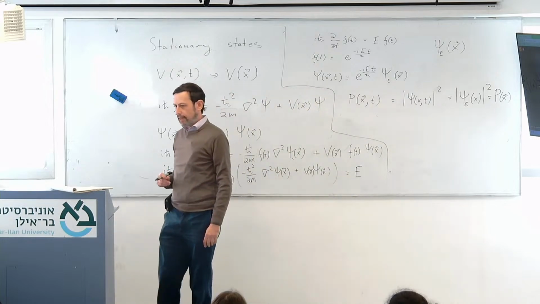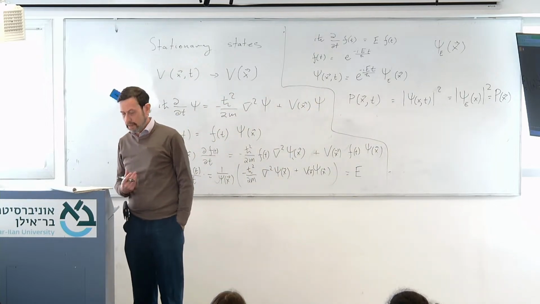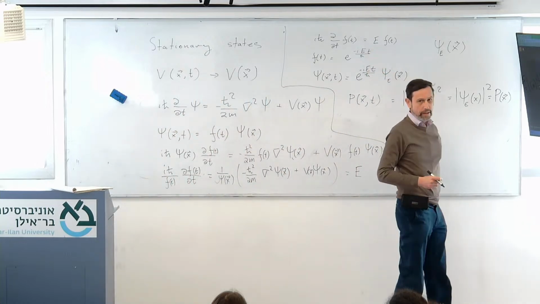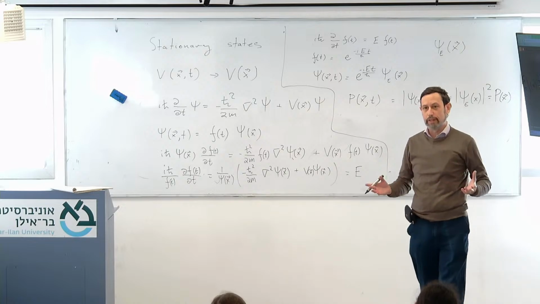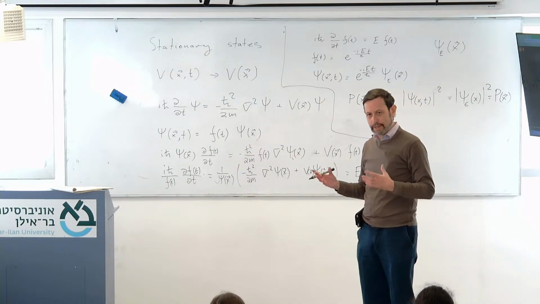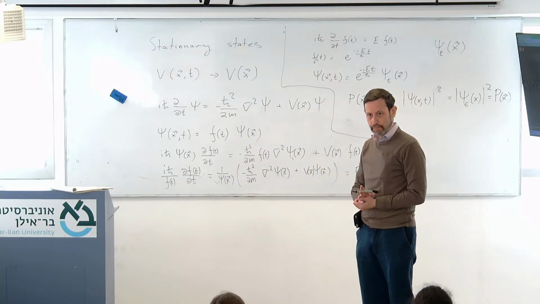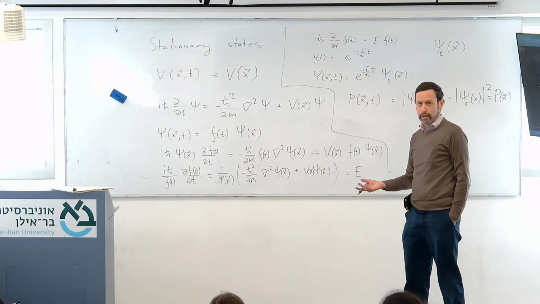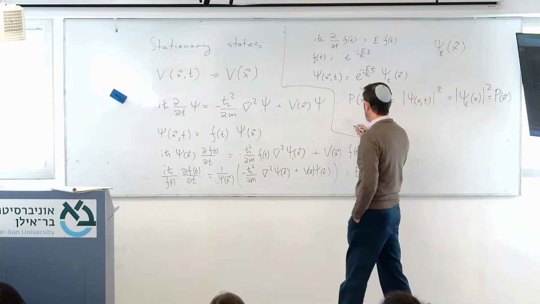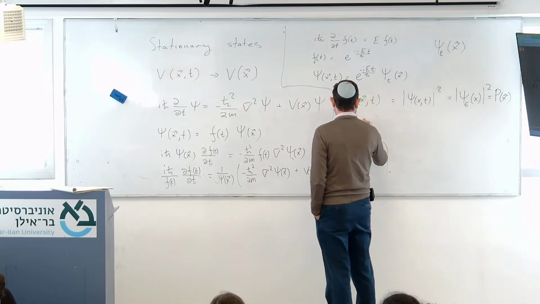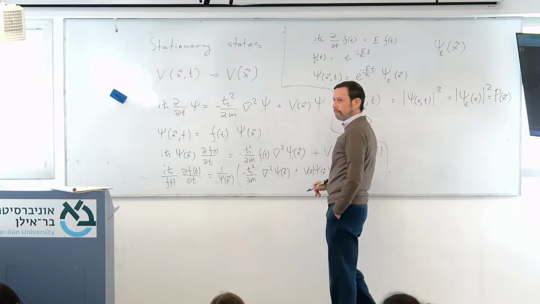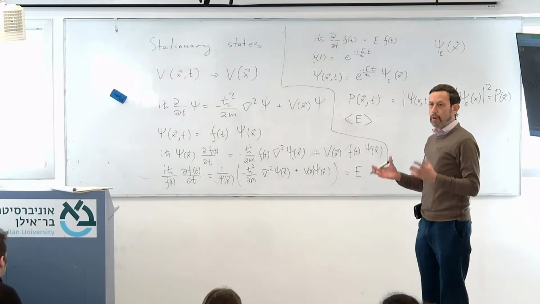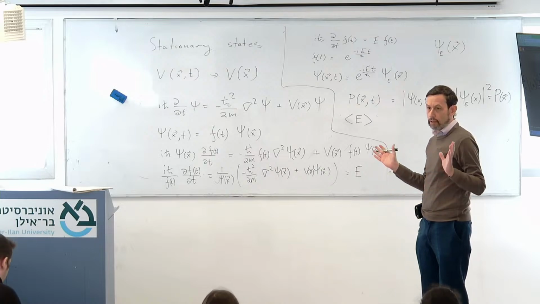Okay, what else can we say? I'm writing here E, and as pointed out, it has units of energy, but how is it connected with the energy? Let's do the calculation. We know how to calculate the average energy. We go and do our algorithm.